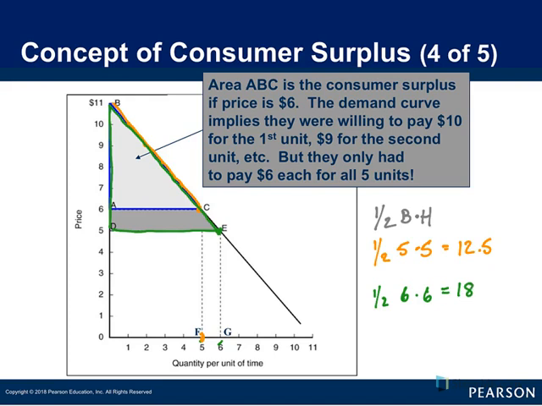So we can see that there has been an increase in consumer surplus, and if you were curious how much consumer surplus increased, that's pretty easy to accomplish by taking consumer surplus, which was equal to 18 minus 12.5, or a change of 5.5. So it increased by 5.5.